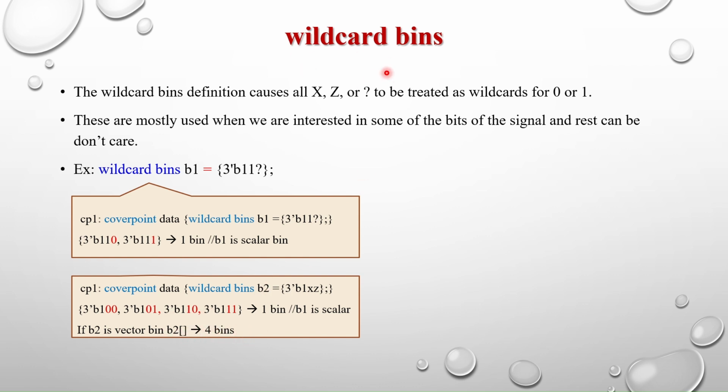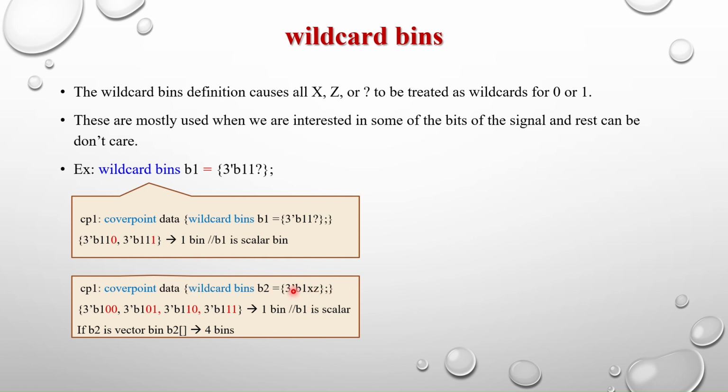Okay, so wildcard bins are used to represent the bins with the wildcard characters. Here x, z and ? are wildcards for 0 or 1. And if you see here, for the variable data, I'm interested in only the first bit of the data variable, and the rest can be any value.